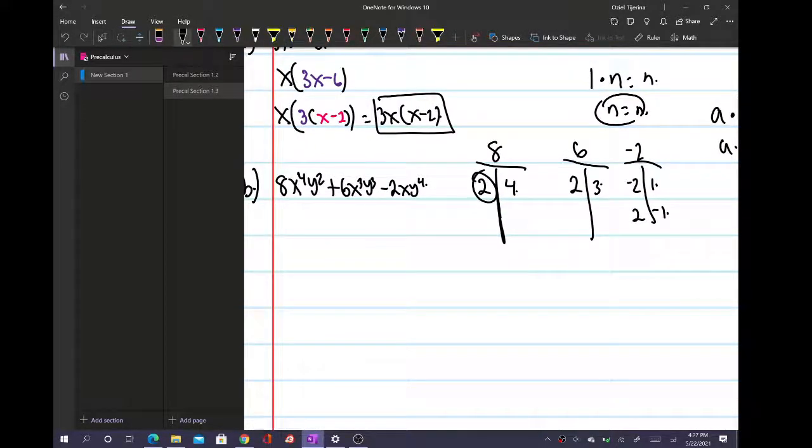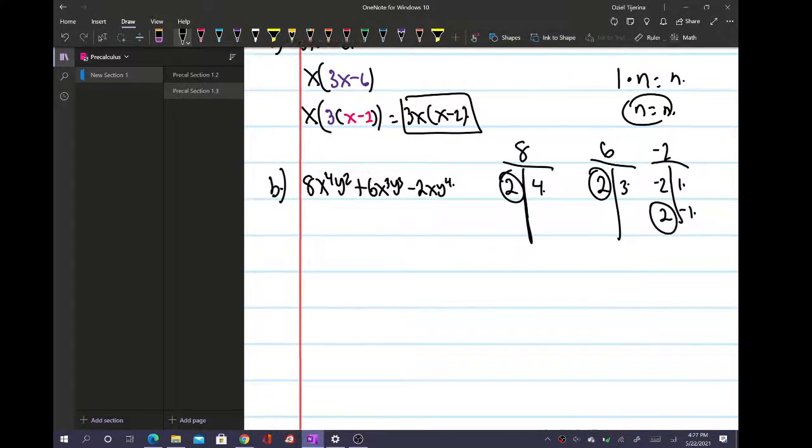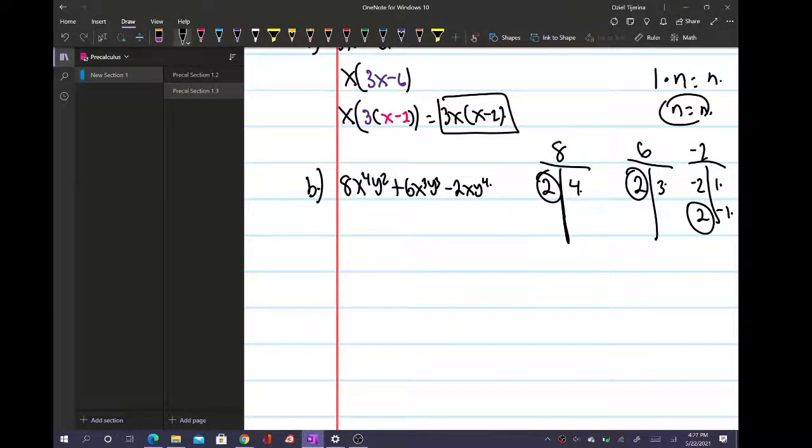So that way I have a 2 on all of them. So then I can say all of these are divisible by 2. So when you divide them, it's 4x to the 4th y squared, because 8 over 2 is 4, plus 3x cubed y cubed minus xy to the 4th, right?